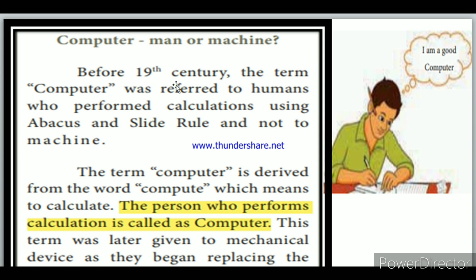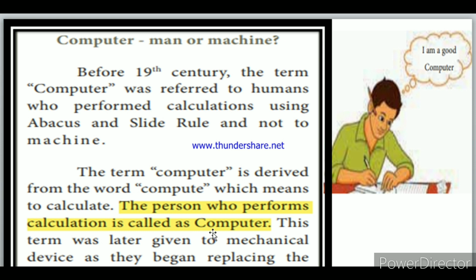Who is computer? Before the 19th century, the term computer was referred to a human who performed calculations using abacus and slide rules and not to machines. The term computer is derived from the word compute, which means to calculate.